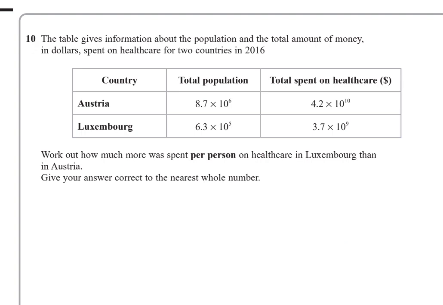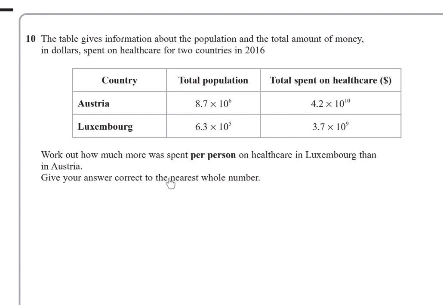Number 10. The table gives information about the population and the total amount of money in dollars spent on healthcare for 2 countries in 2016. Work out how much more was spent per person on healthcare in Luxembourg than Austria.